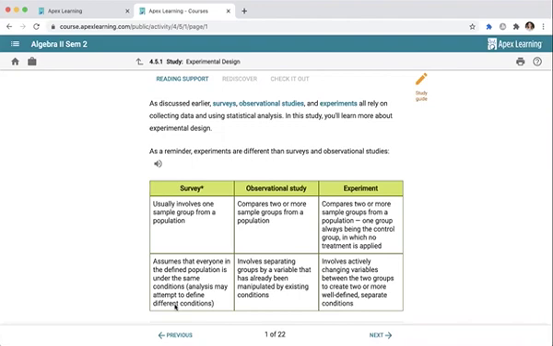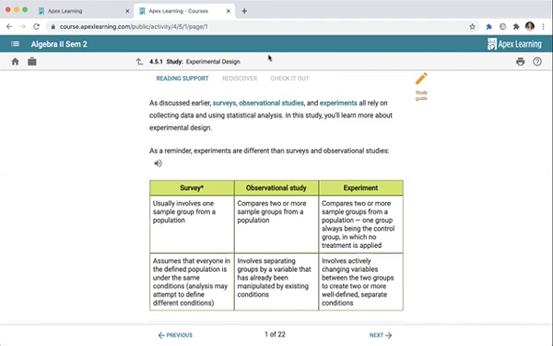Surveys have to assume that everyone is honest, but again, it's something like where you ask them, do you wear your seatbelt all the time? Right? It's something that people might be inclined to say yes, whereas in an observational study, you obviously know that they don't.